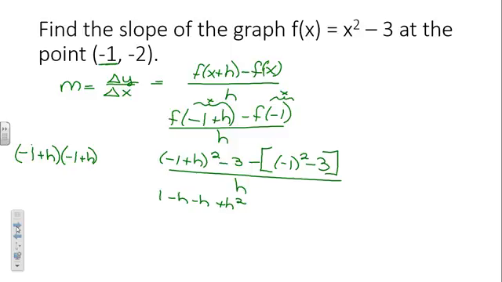Okay, we're taking away 3. And then if we take a negative 1 and square it, we'll get positive 1. 1 minus 3 is negative 2, and a negative negative 2 is going to be plus 2.